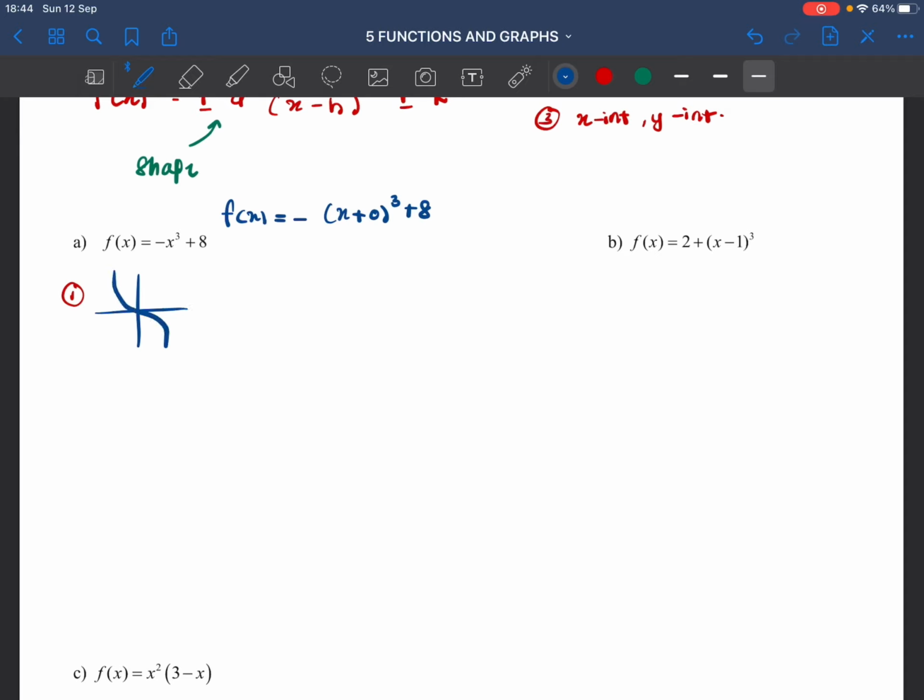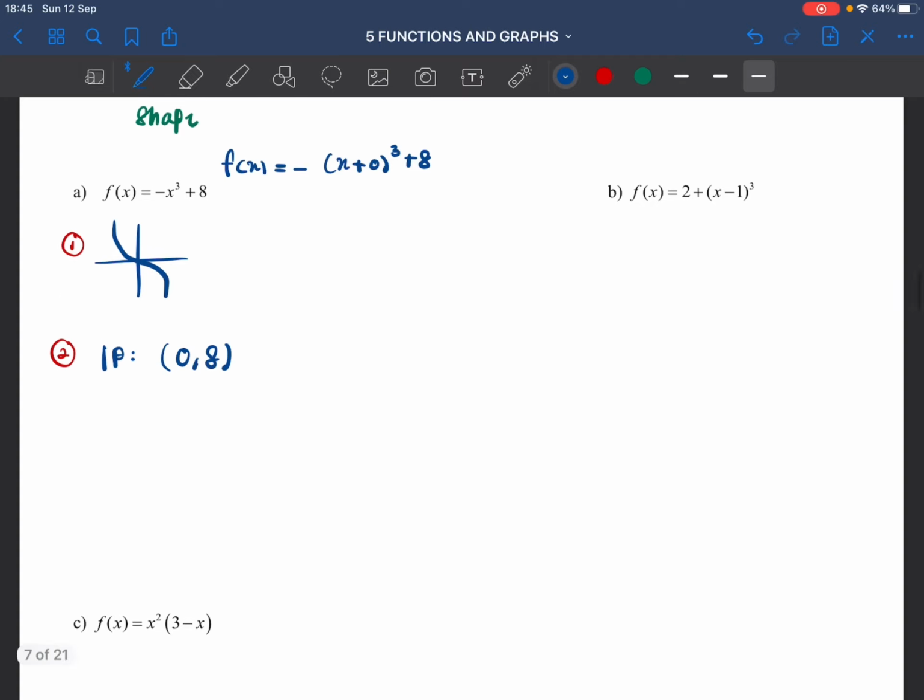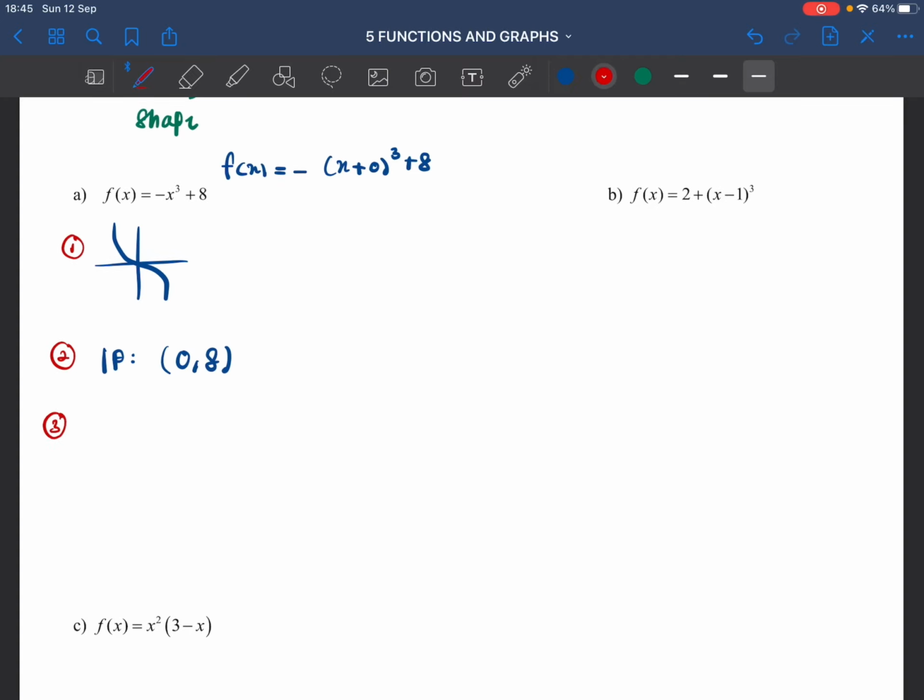Okay, so the second thing is you have to determine your inflection point. So inflection point is HK. So our H here is 0, our K is 8. So that is our inflection point, 0, 8. Okay, so third thing is to find our X-intercept and Y-intercept. This is like the normal thing that we did before lah. So X-intercept is when Y equals to 0.